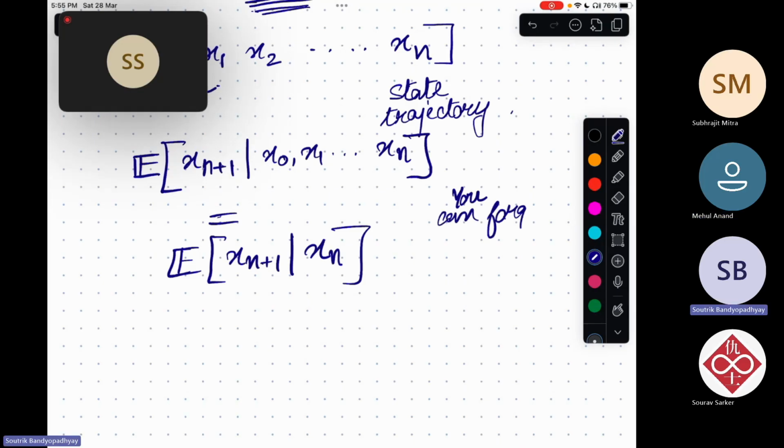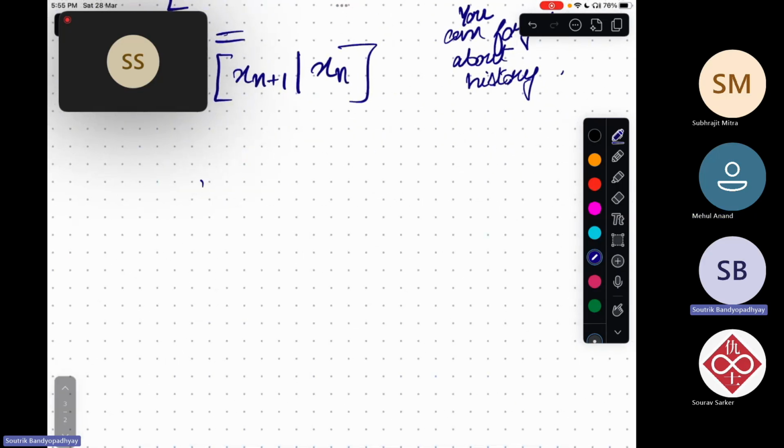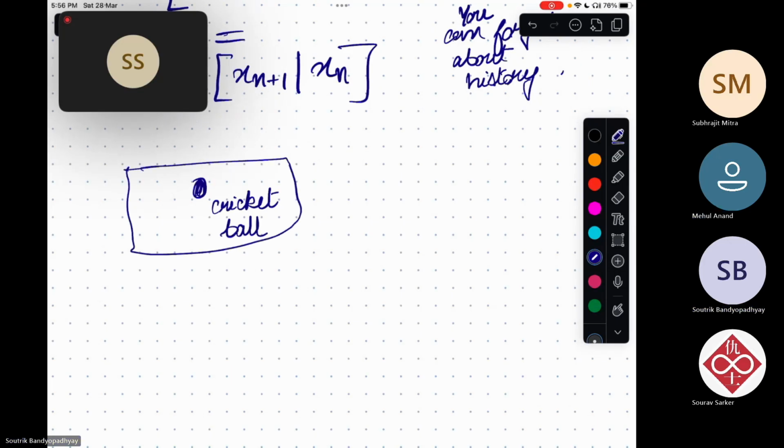So let me give you an example. Suppose I have a cricket ball. This is the cricket ball, and you are taking this cricket ball in an aeroplane to the final destination.